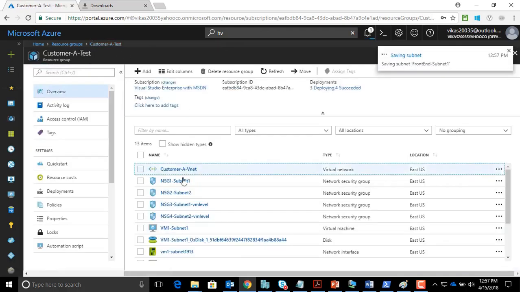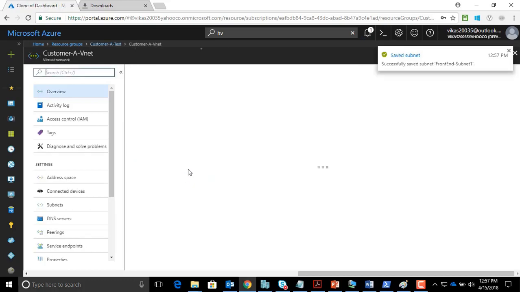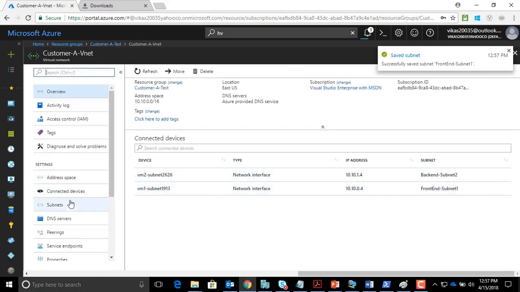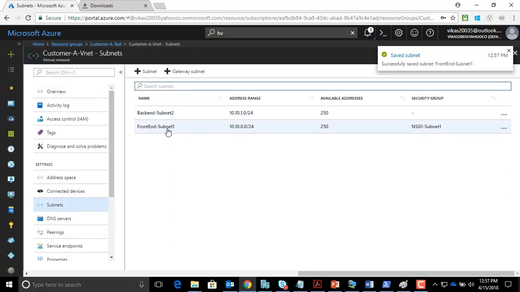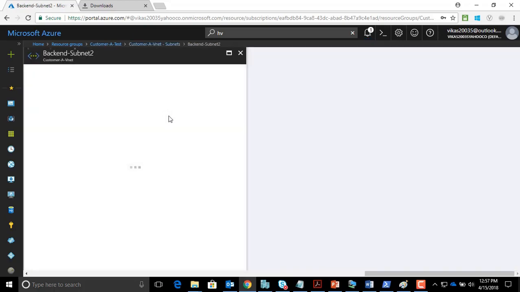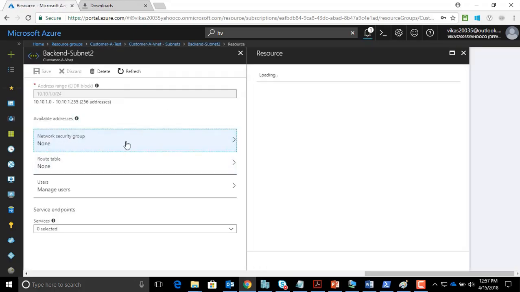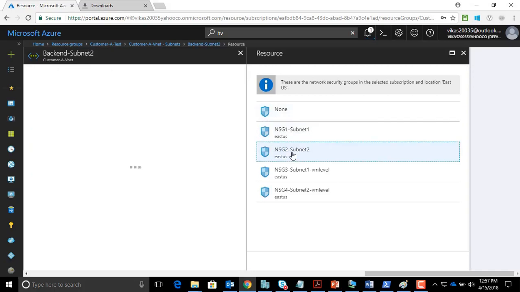Second, I'll go to the VNet, go to subnets, select subnet number 2, and link NSG2, which is for subnet 2.